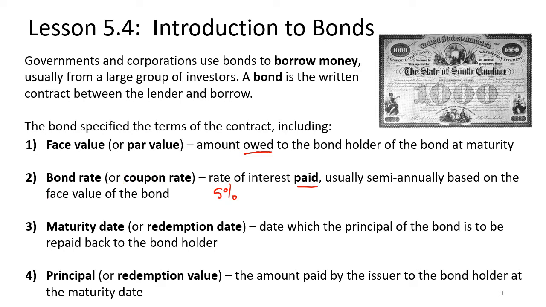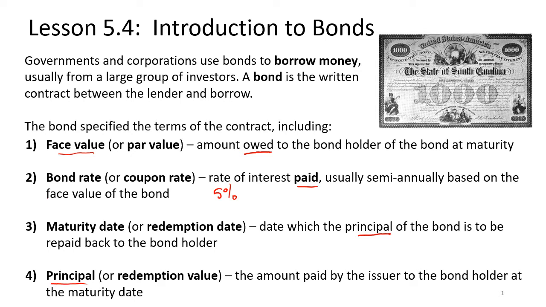The next item is the maturity date. That's when the principal of the bond has to be repaid back to the bondholder, which in this case you can consider being you. And lastly, the principal is the amount that they actually pay you. There are two items here that are very similar: face value and principal.